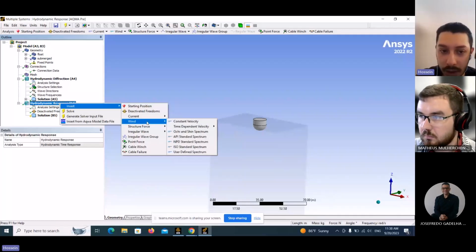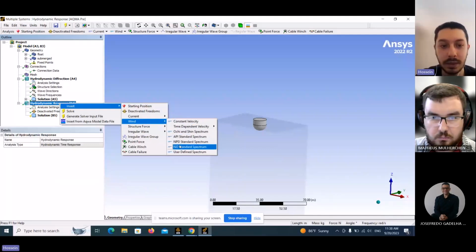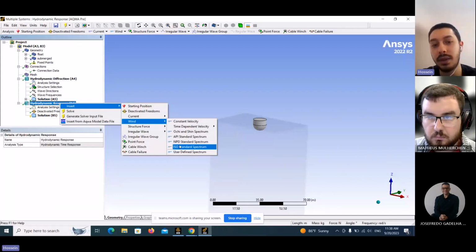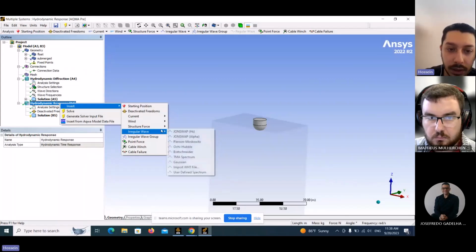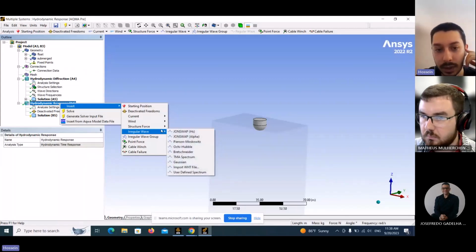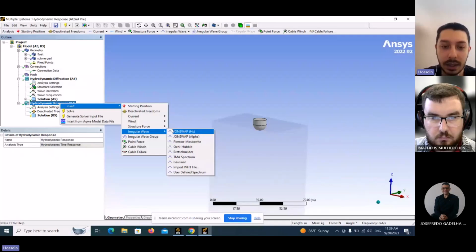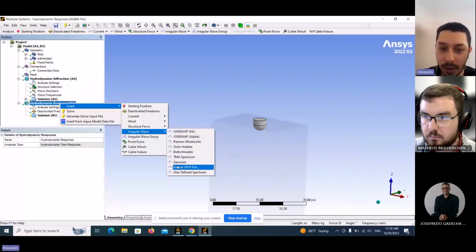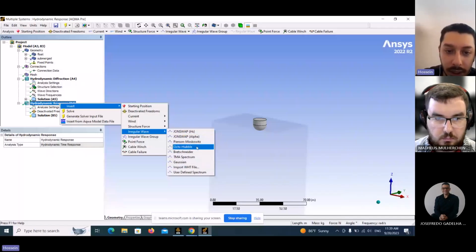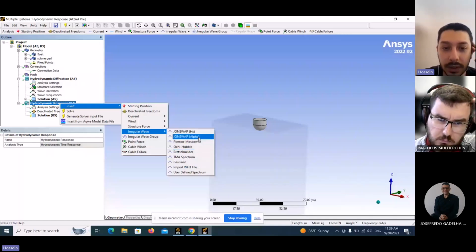We have the wind with different spectrums, which may be useful for modeling wind turbines, and the irregular waves also with different spectrums, like JONSWAP, Pierson-Moskowitz, and Bretschneider. Also, if you have a time history spectrum, you can import it from here. But here we can assume a JONSWAP spectrum.